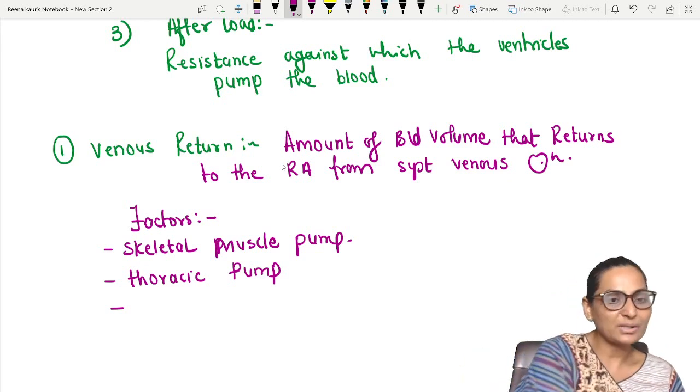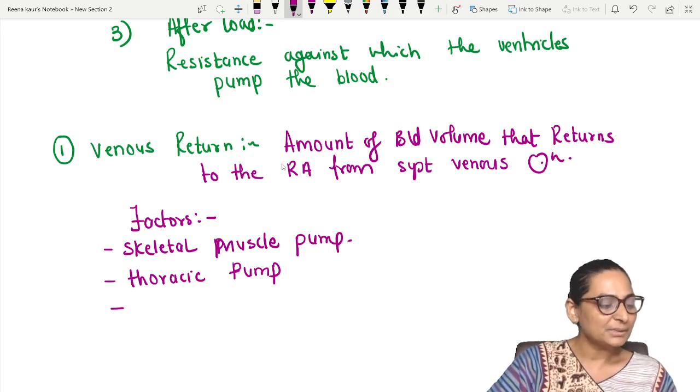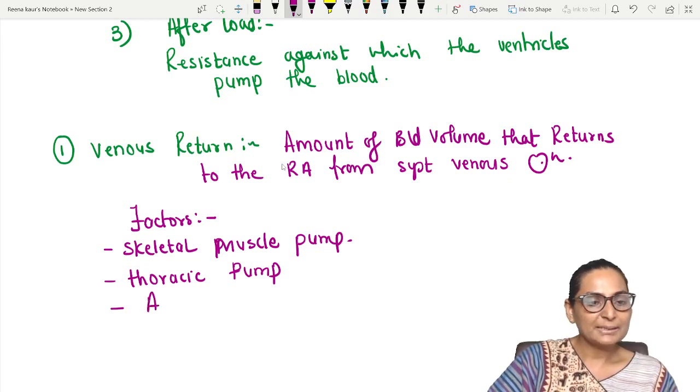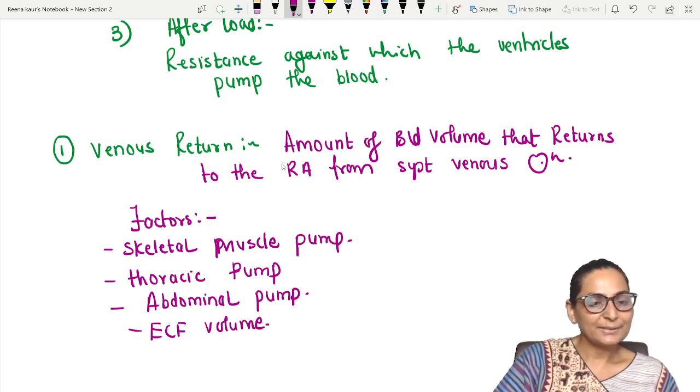At the end of the day, what is needed is marks, because you need a good percentage. So skeletal muscle pump, then the thoracic pump, then the abdominal pump, then you have got your ECF volume, then you have got sympathetic nervous system.